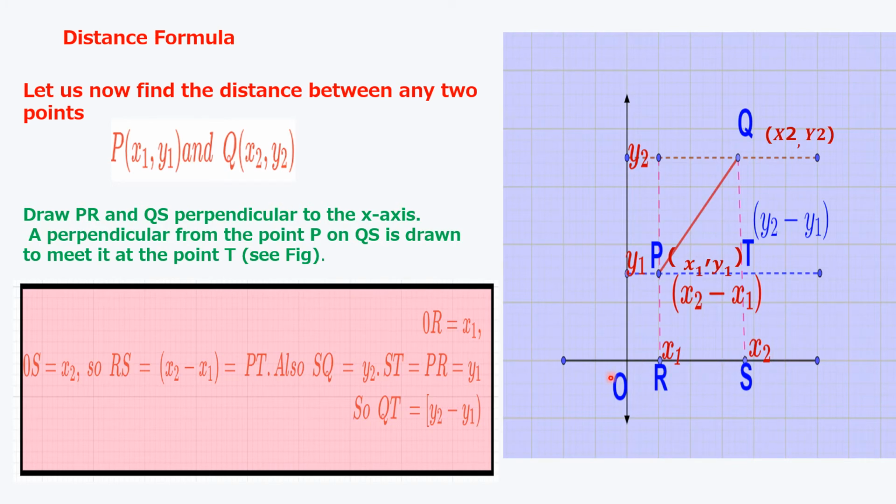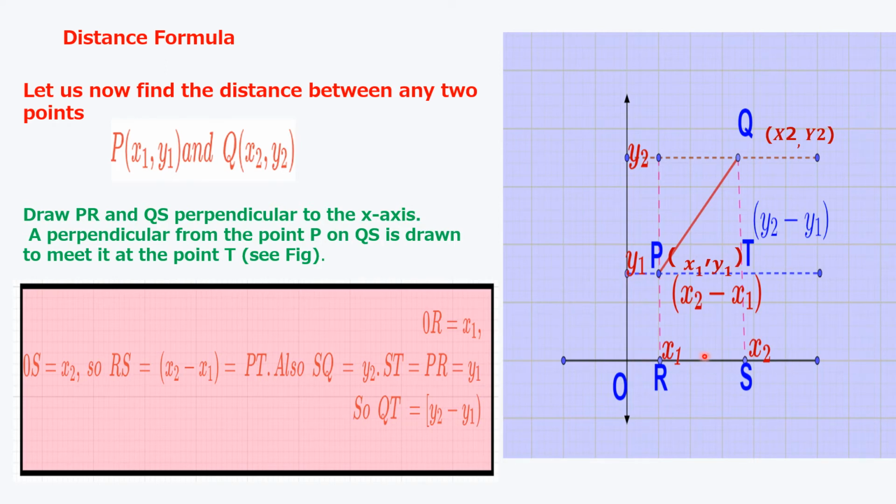Now what about OR? OR is about the x coordinate of point P. What is the x coordinate of point P? It is x1. So OR is parallel to the distance of P from the y-axis. So both are parallel lines.